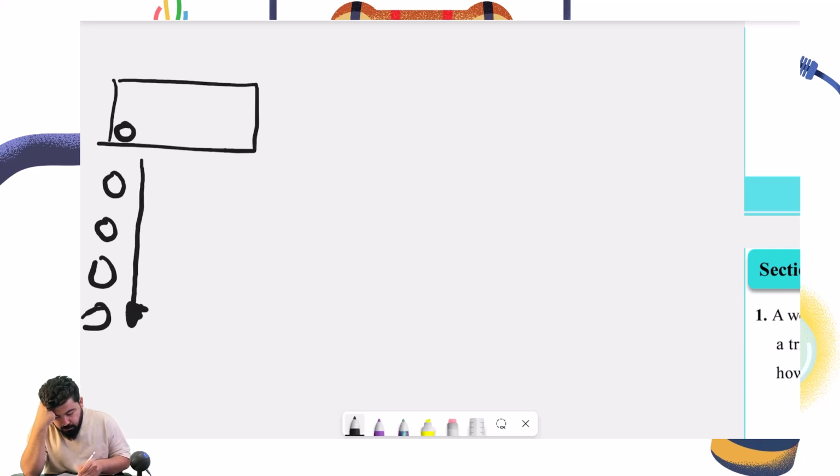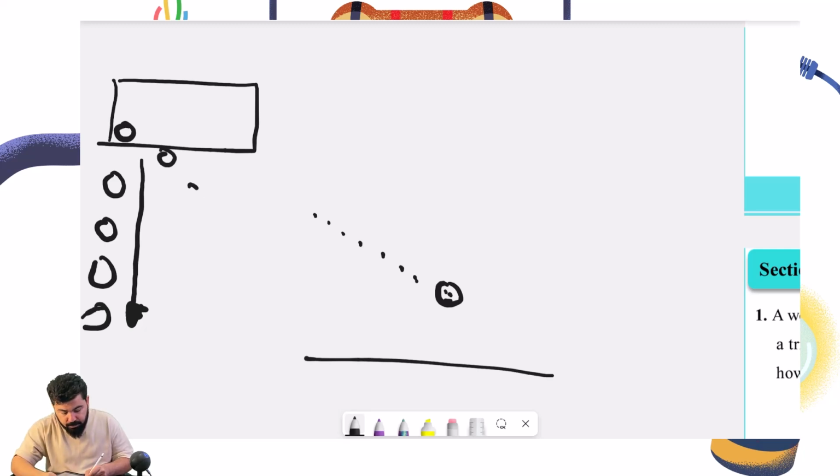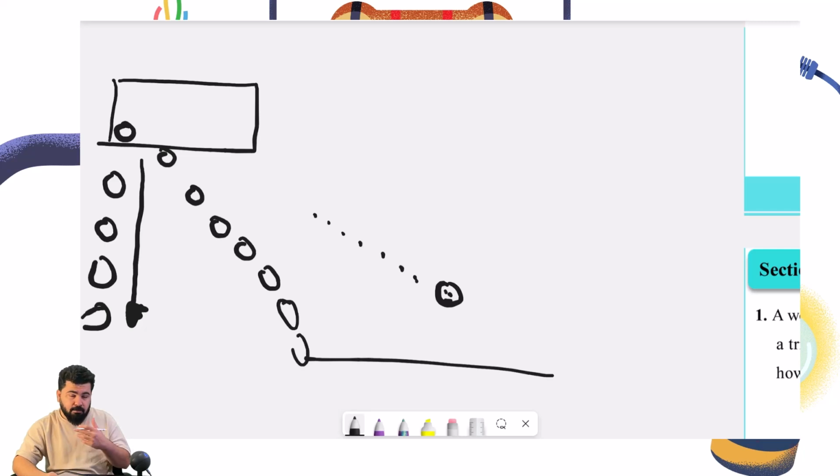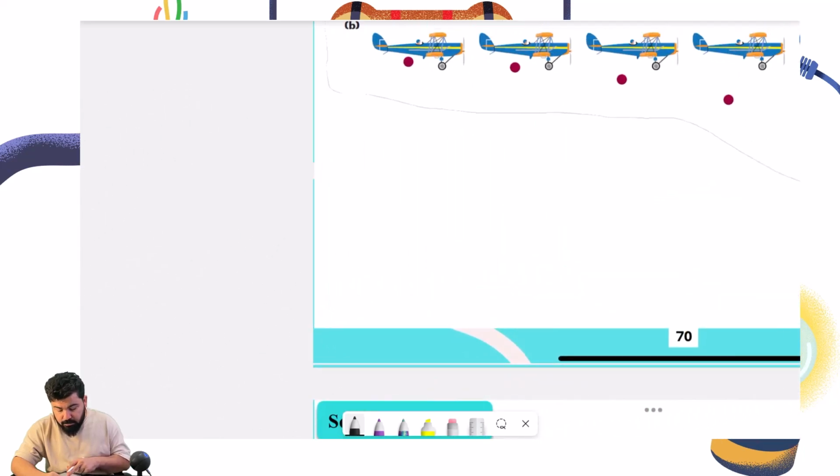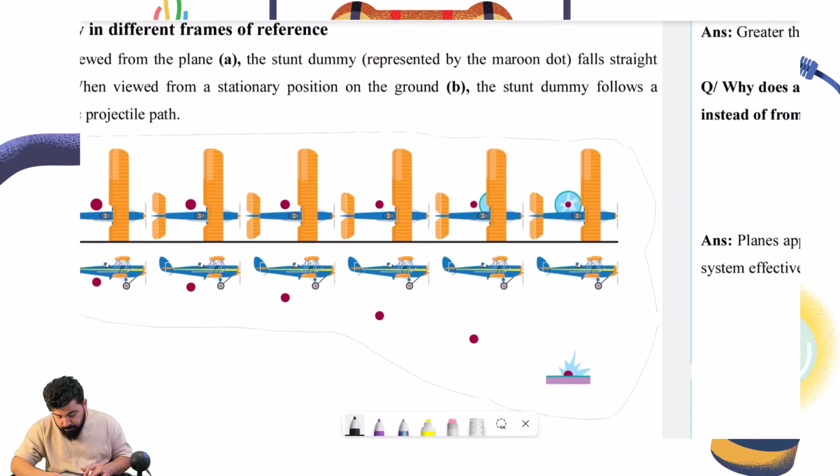But relative to someone who is not on the plane but is on the earth, so let's say this is an observer looking at this ball, this ball is going to be moving in a projectile motion. This guy is going to see a parabolic motion of the ball. So we took two different references, we got two different results.